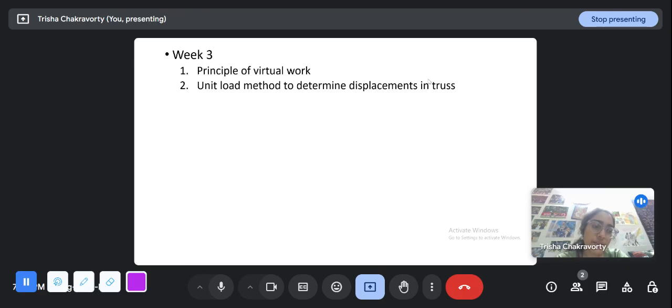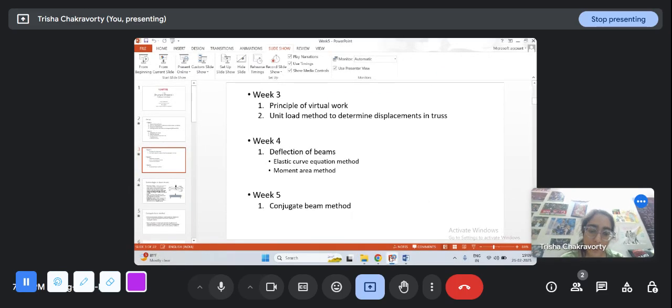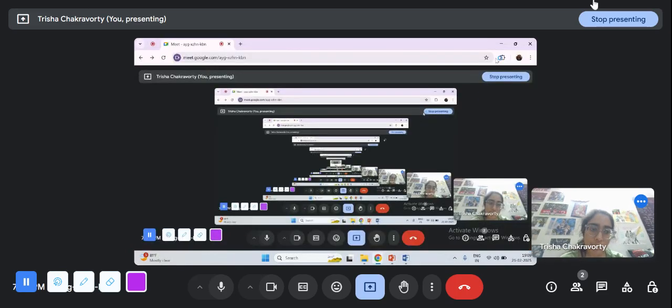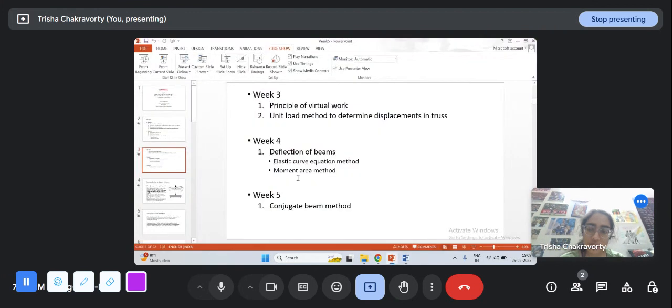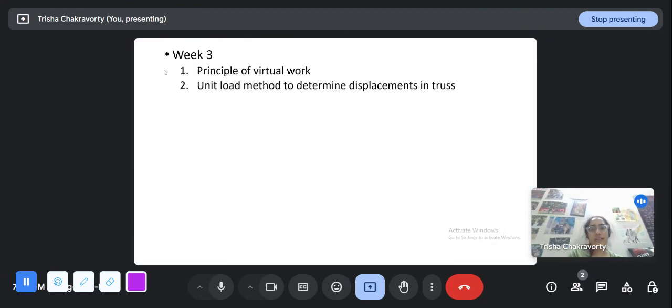So there are basically two separate classes of responses in a structure that undergoes loading. One is the force or stress type of responses, and the other is the displacement or strain type of responses.